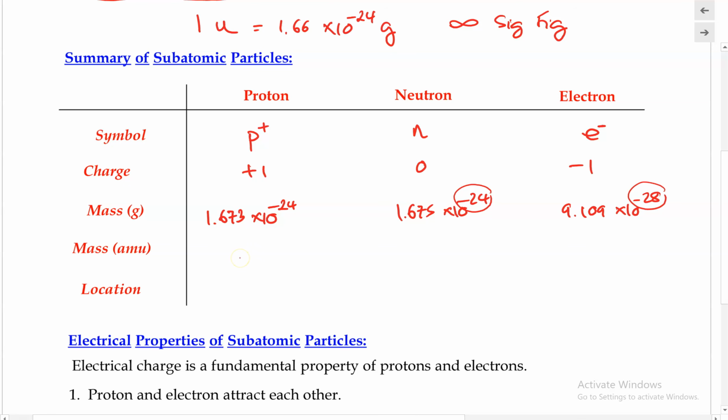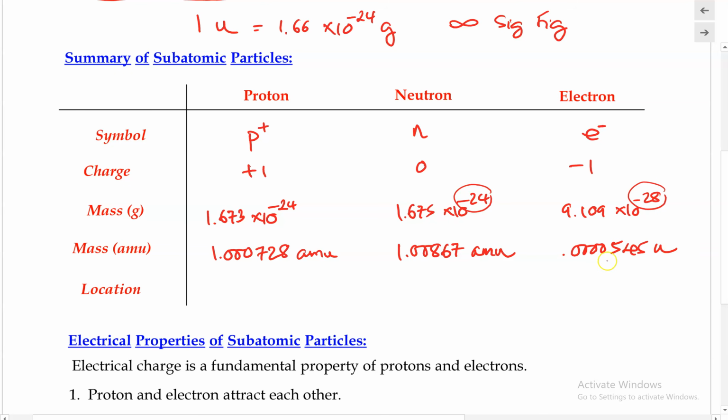And when we convert these masses into the atomic mass unit, they equal the following. The mass of the proton is 1.0000728 AMU, and the mass of the neutron is also about 1.00867 AMU, and the mass of the electron is 0.0000545 U or AMU.